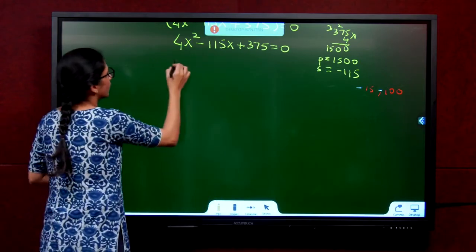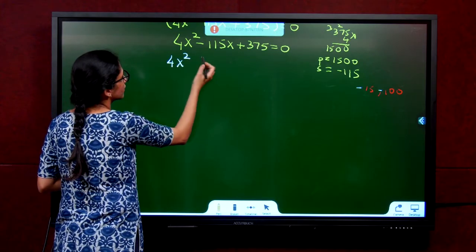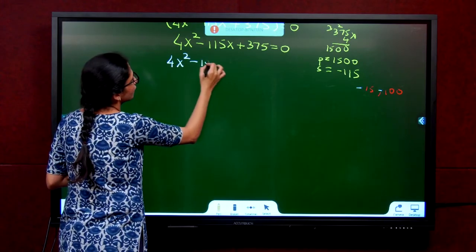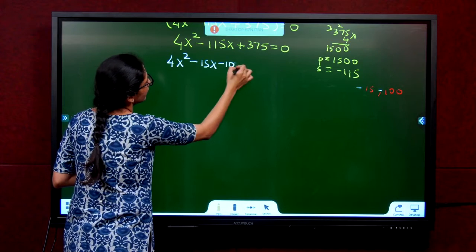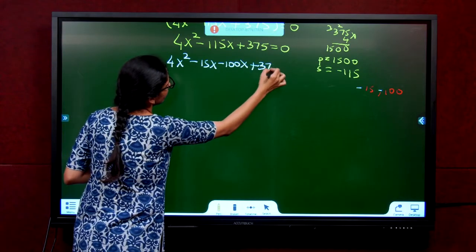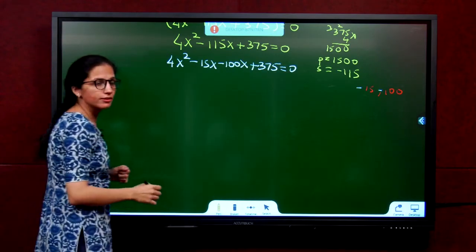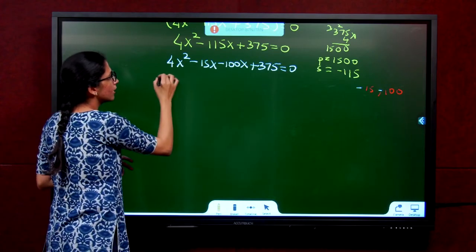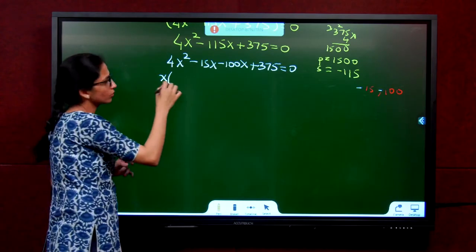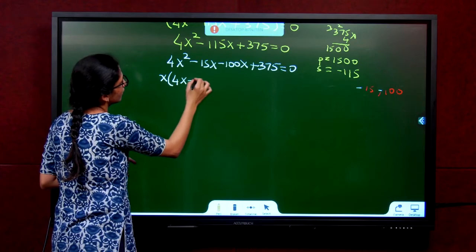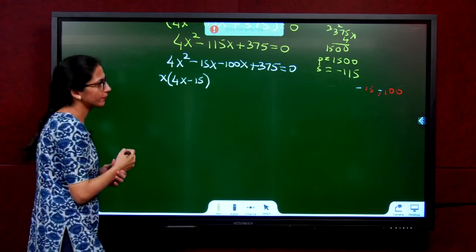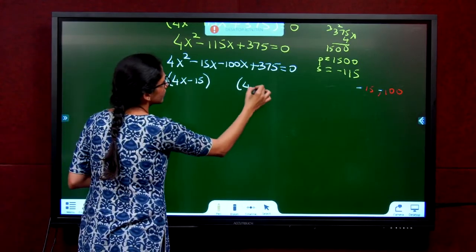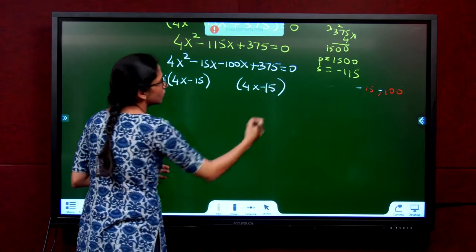Okay, so now we apply that. So this becomes 4x square minus 15x minus 100x plus 375 is equal to 0. Now take whatever you can common in the first 2 terms. x is common, 4x minus 15. I have to get another 4x minus 15 here. So what should be common here?